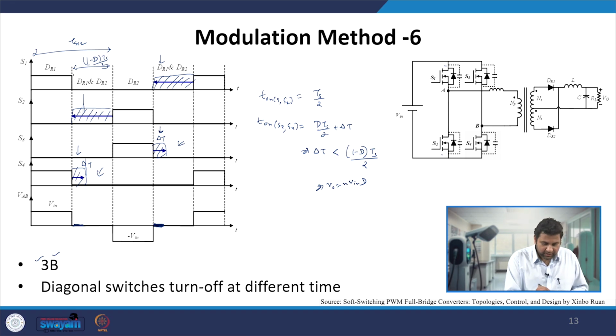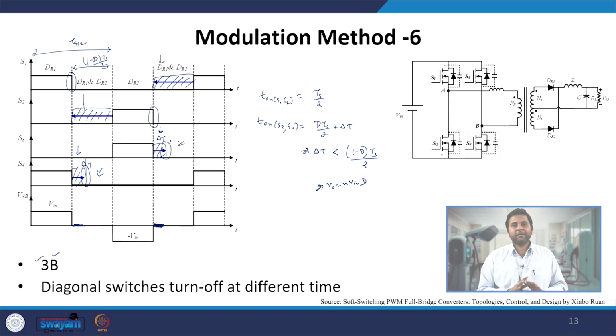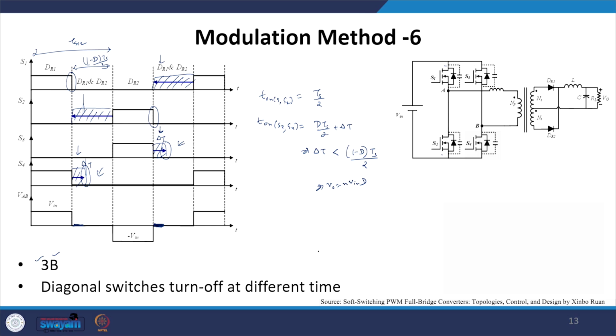And here if you look very carefully, the turn off instances of the diagonal switches are not at the same time, they are at different times. This is modulation number 6.